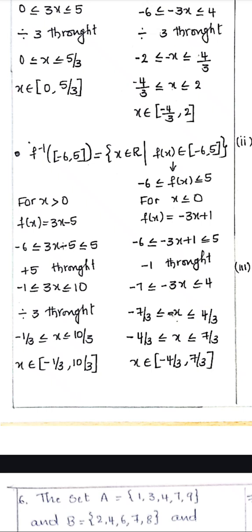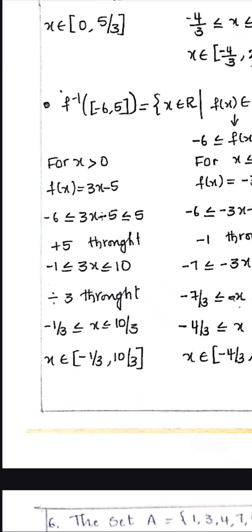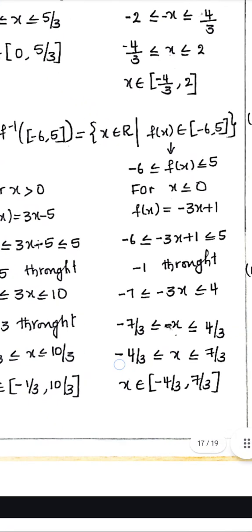Then adding 5 on both the sides, we will get minus 1 less than or equal to 3x less than or equal to 10. Then dividing by 3, we will get minus 1 by 3 less than or equal to x less than or equal to 10 by 3.